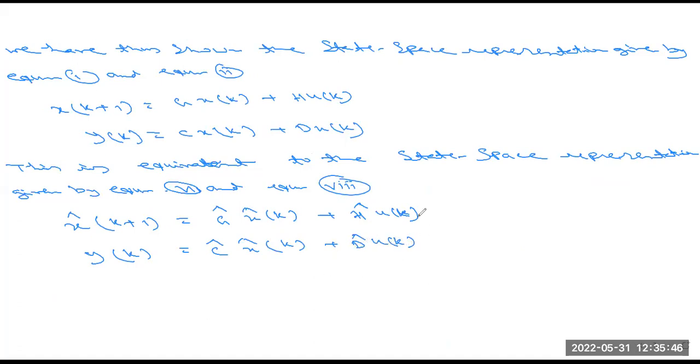Okay, so these are basically similar equations. First we have to express for the pulse transfer functions, then we have to apply the state space representation by the vector method. Is it clear? This question is very important.